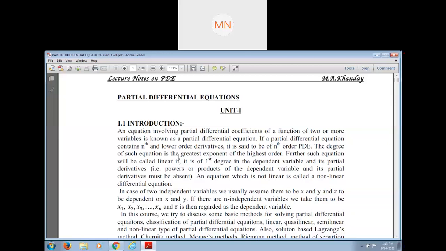In case of the ordinary differential equation, it is not treated as constant. In partial differential equation, we use the symbol del. If we write del y/del x, it means we differentiate y partially with respect to x. In that situation, we consider y as a constant.